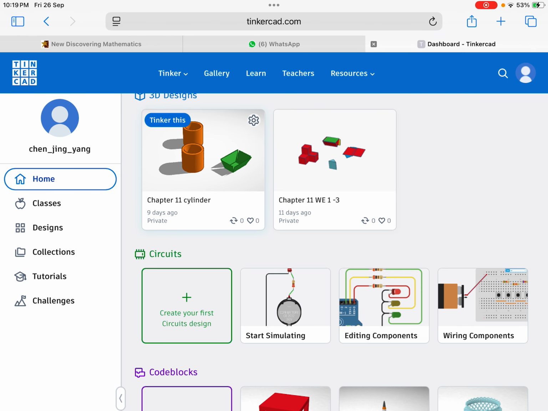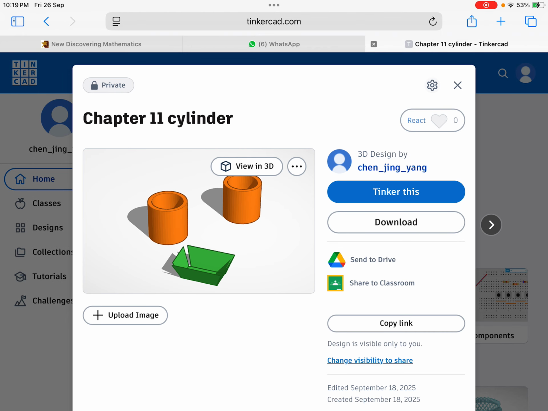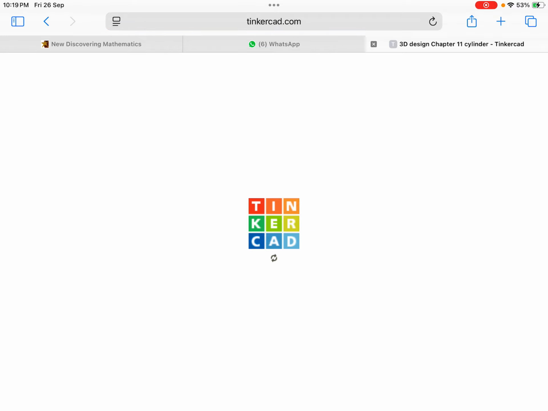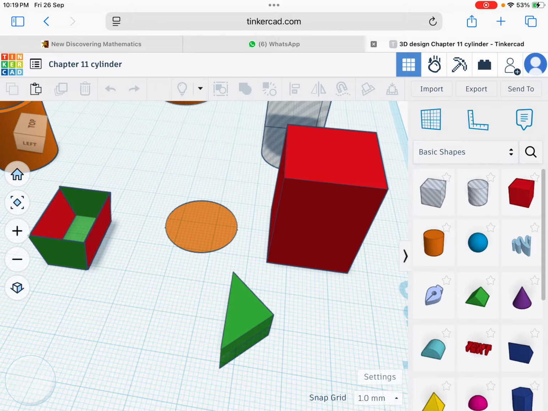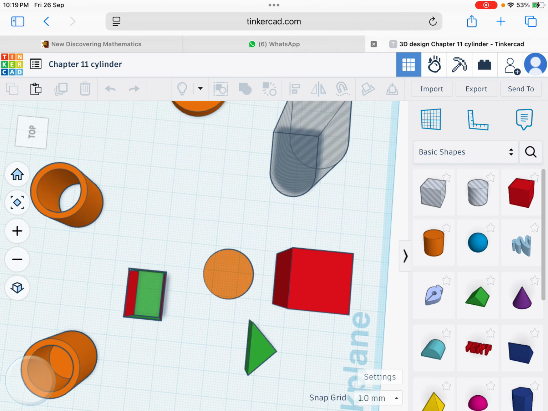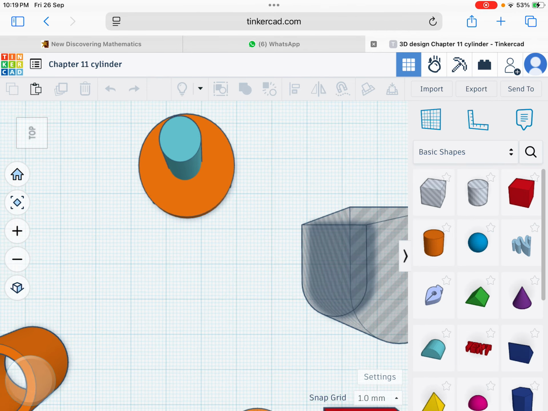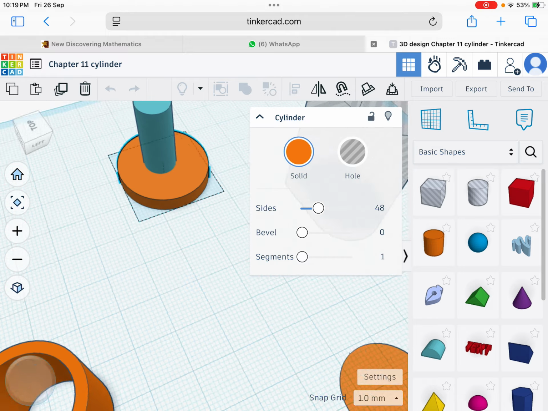I think it's this one. Okay, so it's here. It's the same as this one. It's just that now it's upside down.